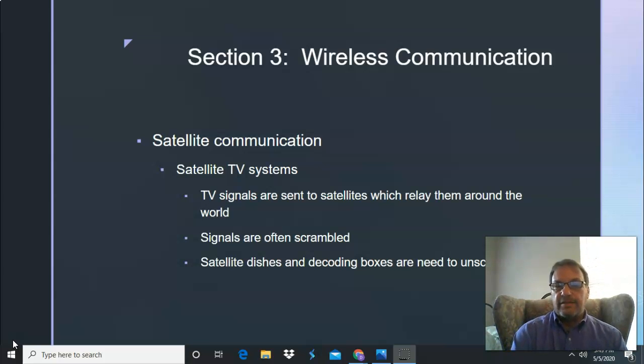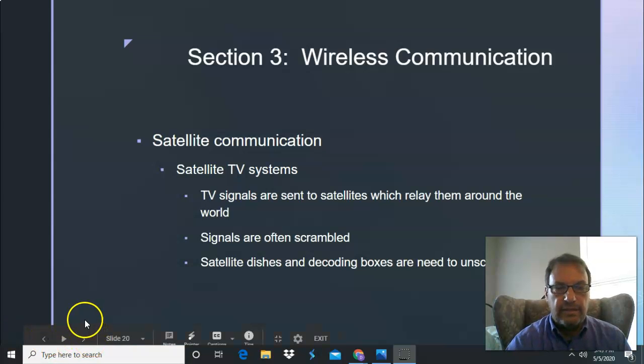But the satellite dishes and decoding boxes are needed to unscramble them. Some of you might have a cable box where its main purpose is to unscramble the stations that you have actually paid for. And so this is another way that wireless communication uses the radio waves or the microwaves.